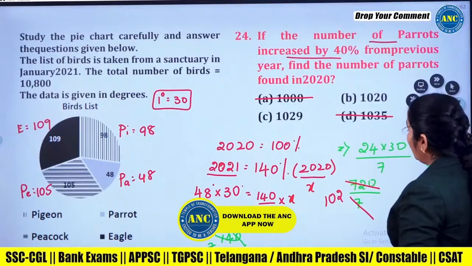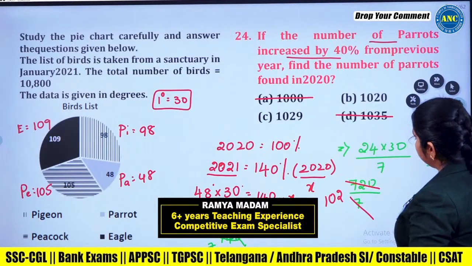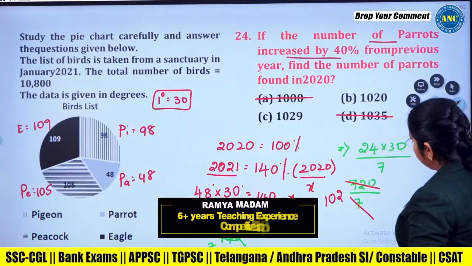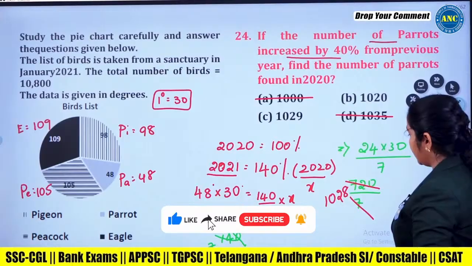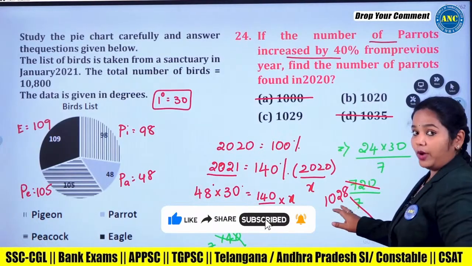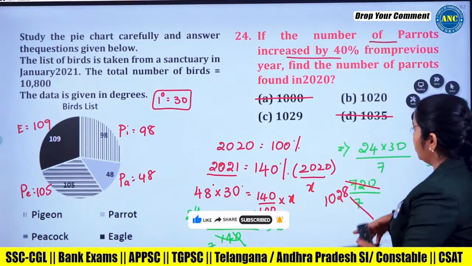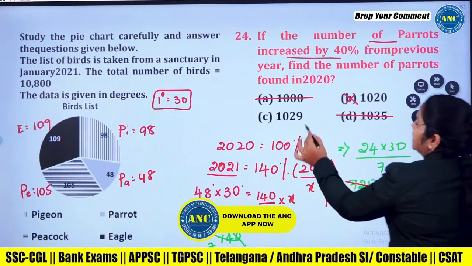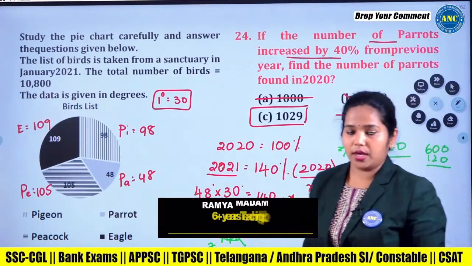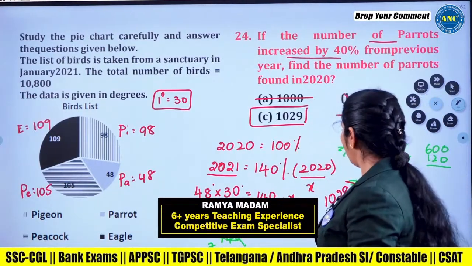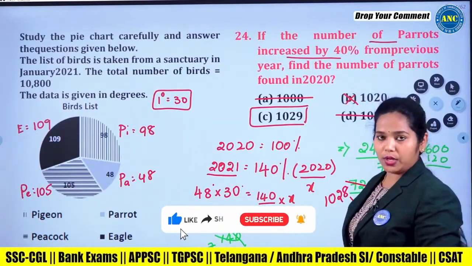So if you can take 7 8s, we can take. So here we got a value 8. Here we have 0. It is already crossing 0, right? So option B will not be the correct answer. Option C is the correct answer. 1029, okay? Here we will get 1028.4 or 5 approximately. So it will be 1029.